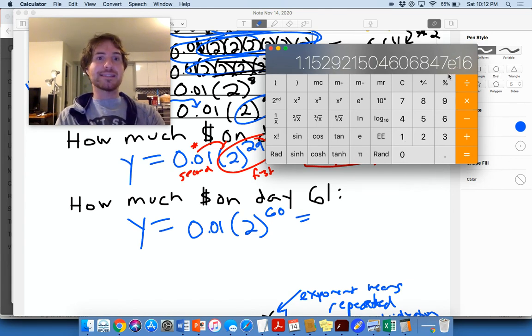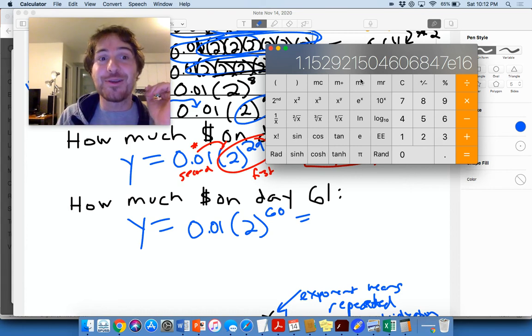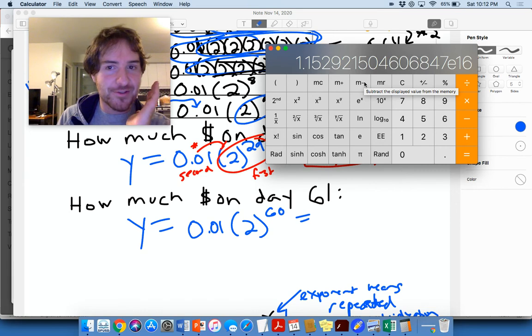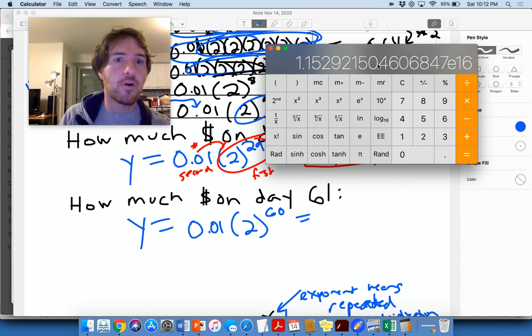Whoa, we got something in scientific notation because it's just so much money. This is pretty crazy here because I haven't taught you scientific notation already. So this is the little E button right here. You hopefully studied scientific notation a little bit before. This is a way that calculators show really, really big numbers, like huge sums of money or the number of people in the world, or how far away stars are.